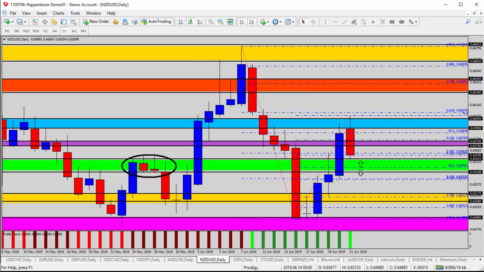In doing that, interesting enough, the 0.382 of the previous down leg sits right here at the 0.6560 level, just above the green zone. So we're seeing an overlap of the downtrend and the rising trend Fibonacci right here into the upper 0.6550, 0.6560 level.